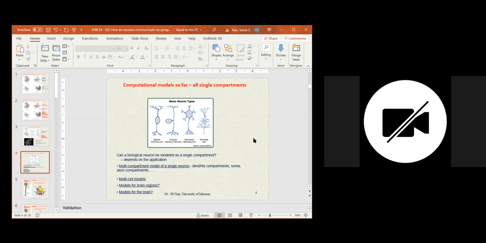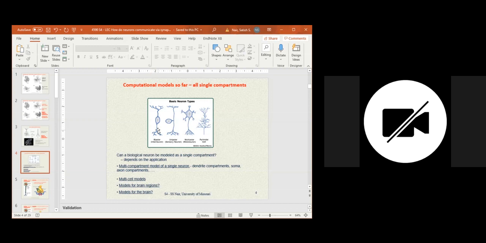So the question we are asking is, can a biological neuron be modeled as a single compartment as we did in lab S2? So that depends on the application. If you want to worry about just the spikes, how a neuron spikes, a single compartment is good enough. And for theoretical studies, people use single compartment too sometimes. Multi-compartmental model of a neuron would consist of dendrite compartments, soma compartments, and axon compartments.